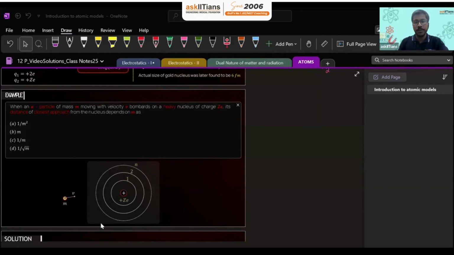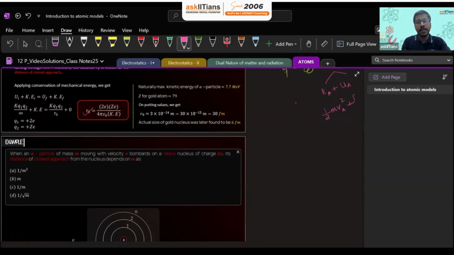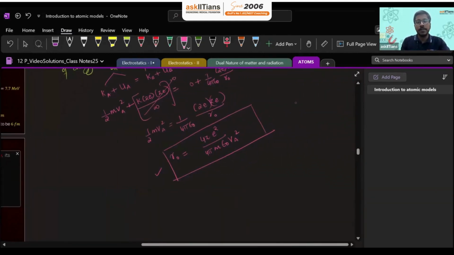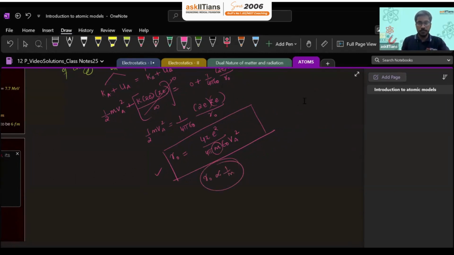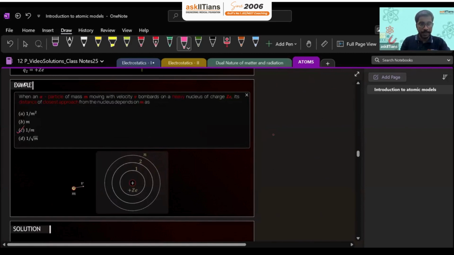As you can see, in this question we have previously done the same thing. The distance of closest approach is 2e Ze upon 4 pi epsilon naught times the kinetic energy, or we have already shown here that r naught is inversely proportional to mass. So the option C is the right answer.